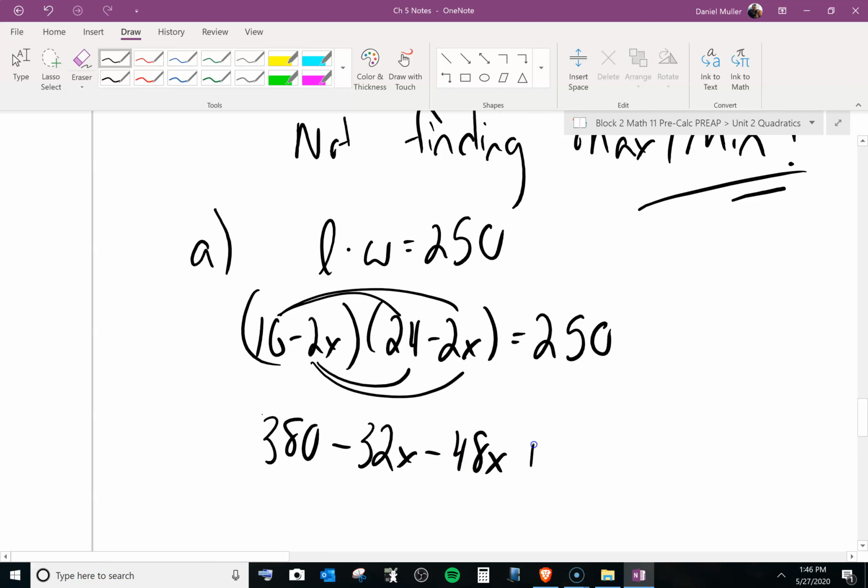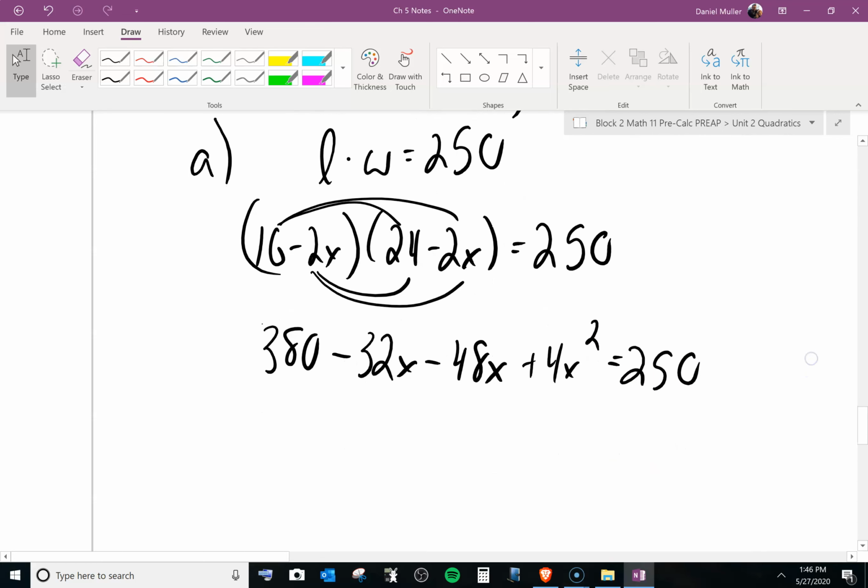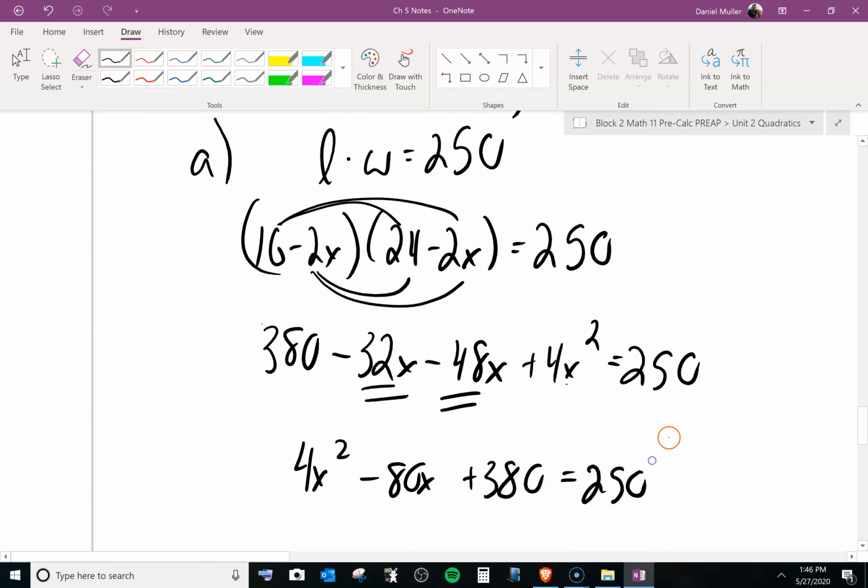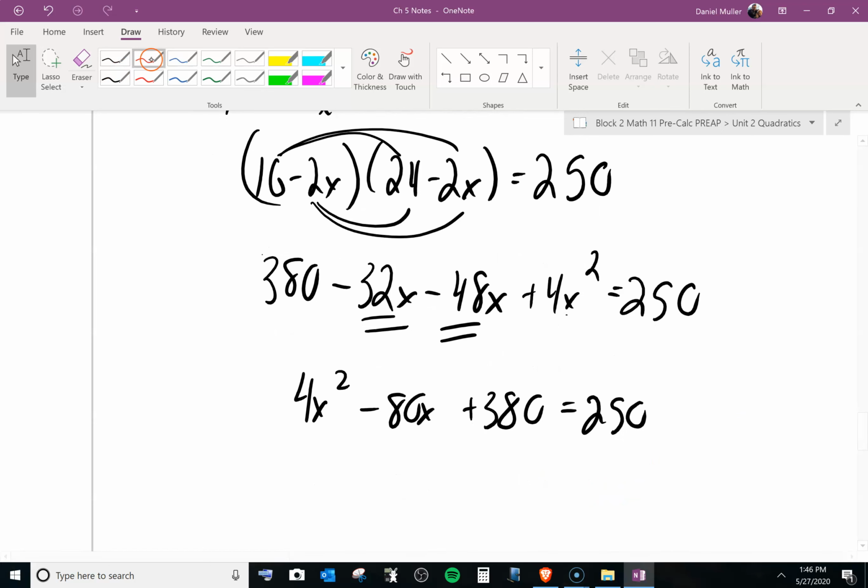And that's going to be a positive 4x squared equals 250. So I'm going to rewrite this 4x squared out in front. And these two are alike. That gets me a negative 80x, and there's a positive 384 equals 250. And I can subtract the 250 over here.